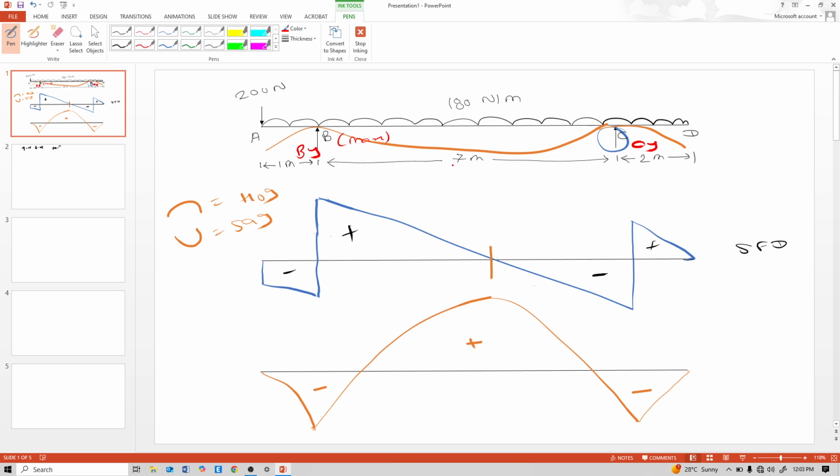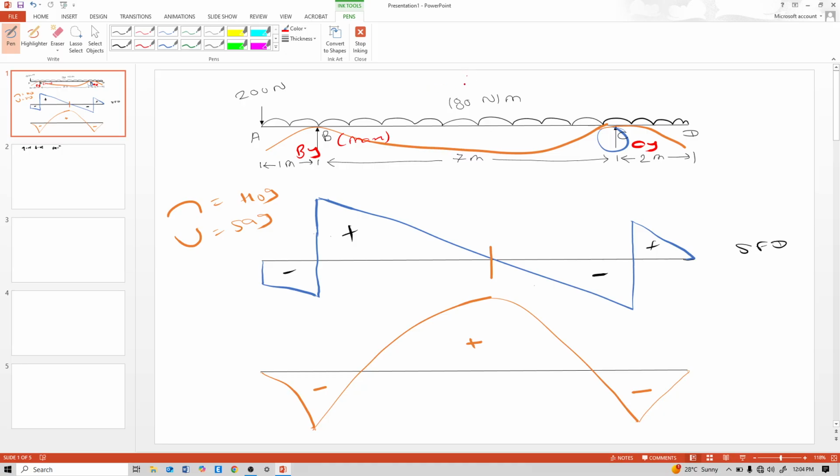So positive By plus positive Cy, and this 180 Newton per meter is UDL. Convert this UDL into a point load. How to convert UDL into a point load? It is the UDL multiplied by the total distance on which it is acting.